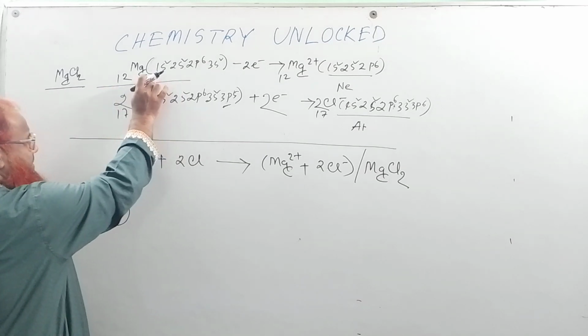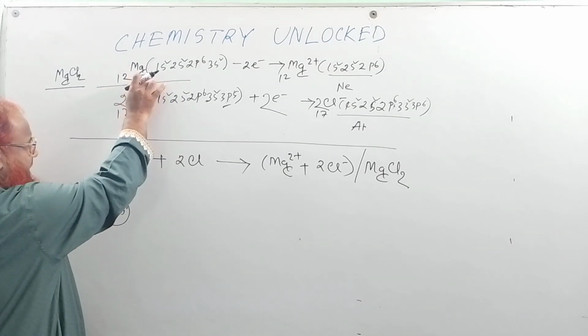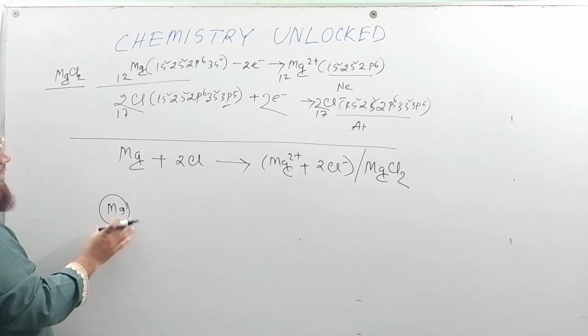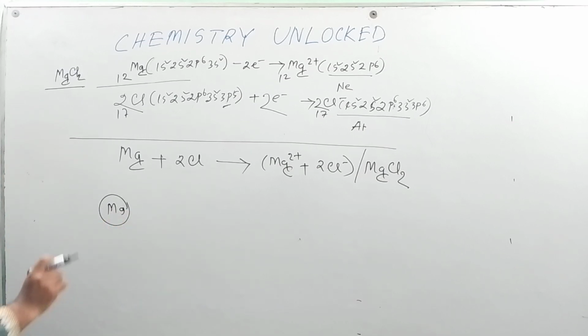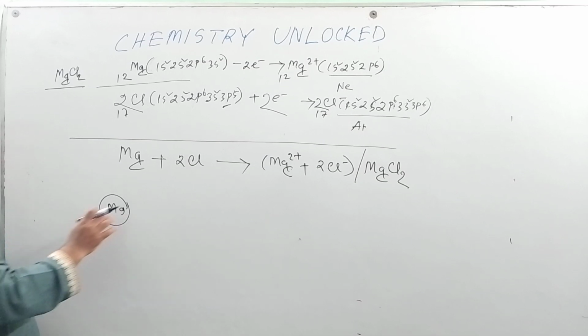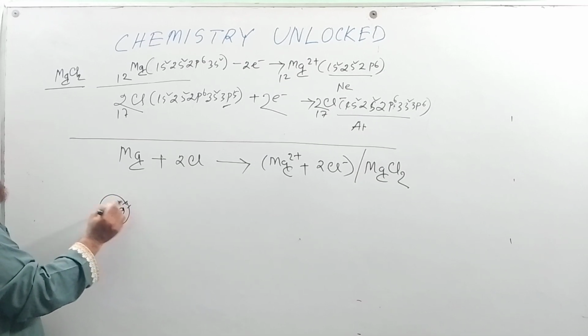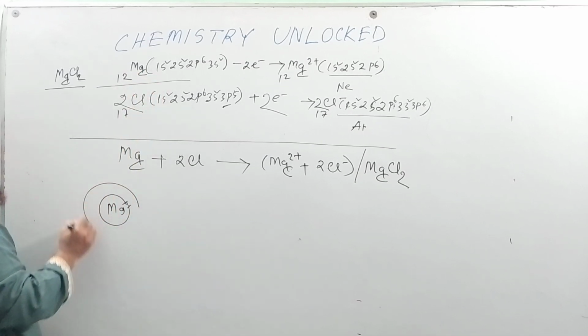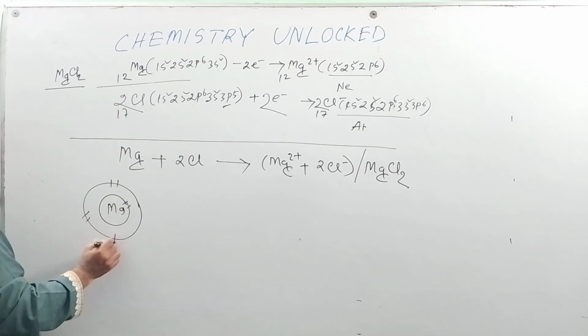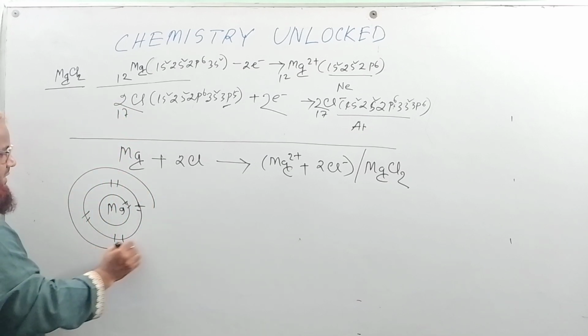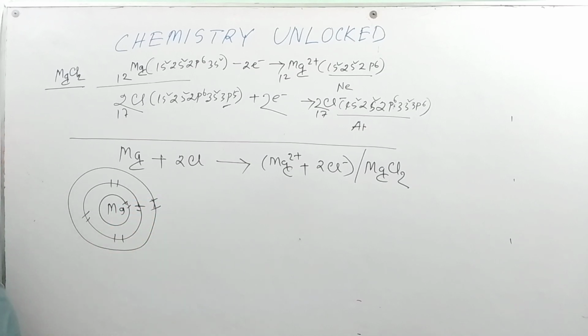Using this electronic configuration, you can easily draw the diagram of the atom, known as the orbit diagram. First, 2 electrons in magnesium. The second orbit is 8. In the third orbit, it is 2.